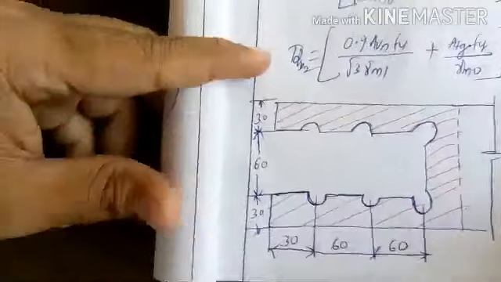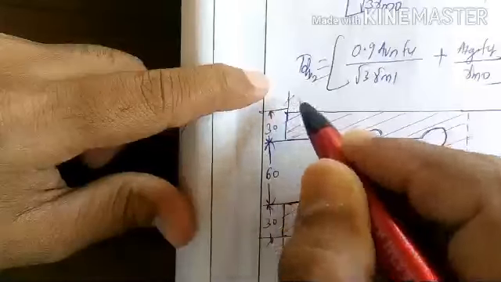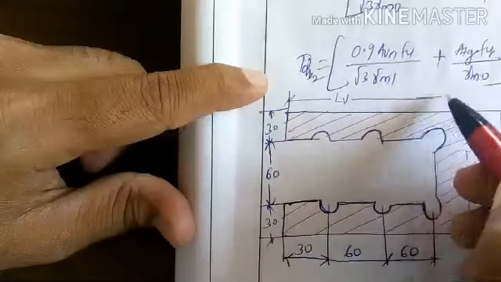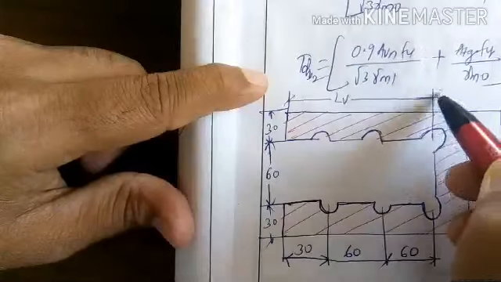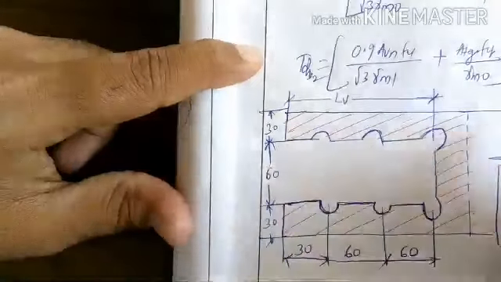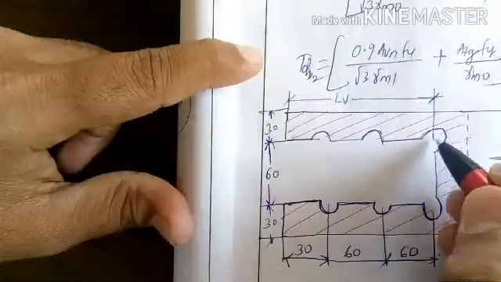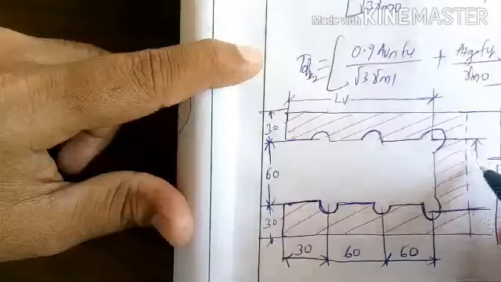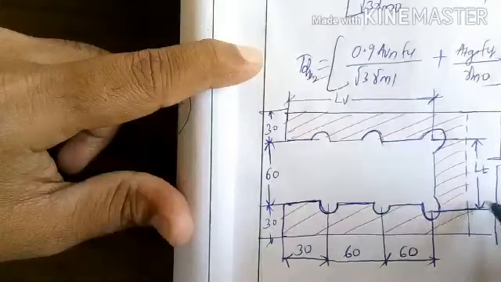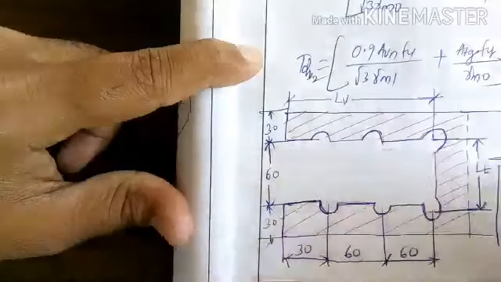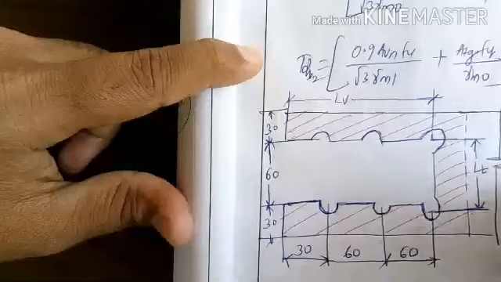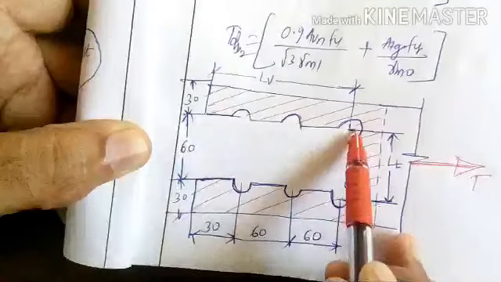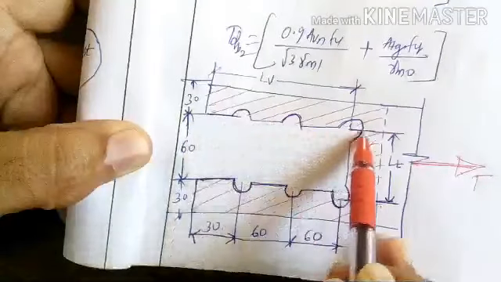From here to here, till the center of the last bolt, is the length of the shear plane. And from here to here is the length of the tension plane. The shear plane is parallel to the load. This is shear area 1 and shear area 2.